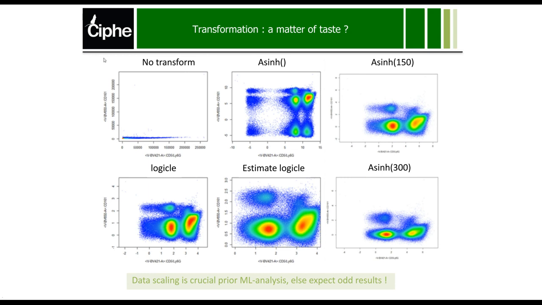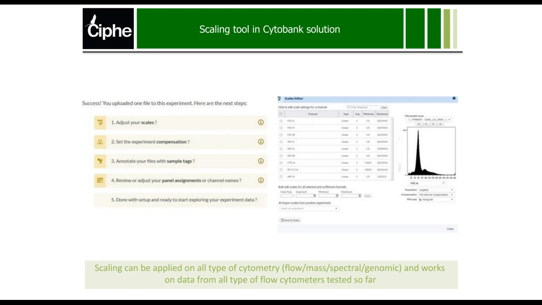Actually, it's a transformation artifact, but the algorithm will separate that into different populations, which are artifactual. So you really need to set scales, and that's why when you create a new experiment in Cytobank, the first step you are asked to do is to adjust scale. That's very critical, and you need to do that.